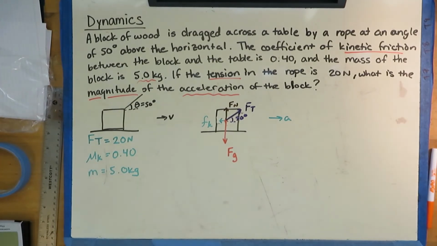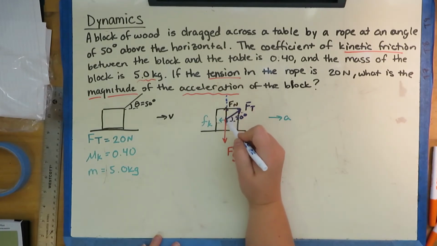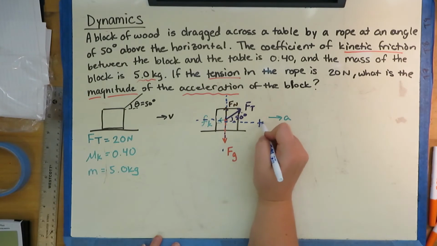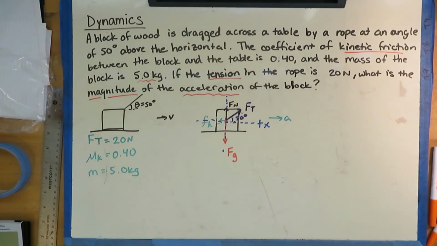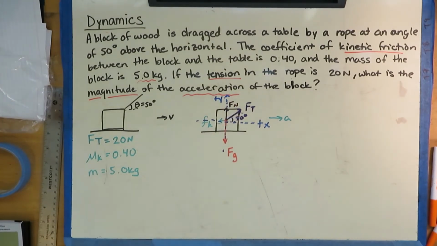This problem does come with a lot of numbers, which is really nice, so you could actually solve this one pretty easily, but we're going to go through the whole process. So I have my free body diagram. Because I'm eventually going to want to write net force equations in the x and y direction, my tension being at an angle is a problem. So I am going to draw in my axes. I'm going to identify my positive x-axis to be the direction of the acceleration, and my positive y-axis to be up.